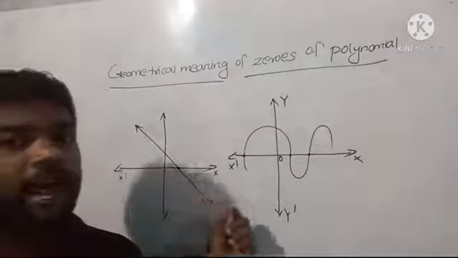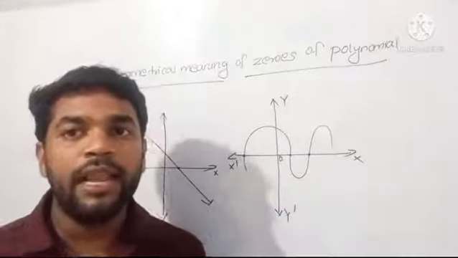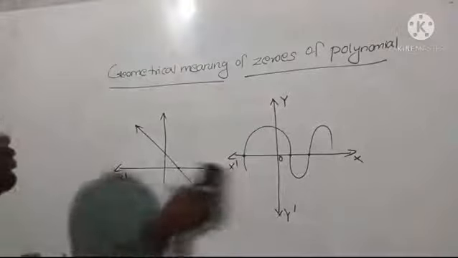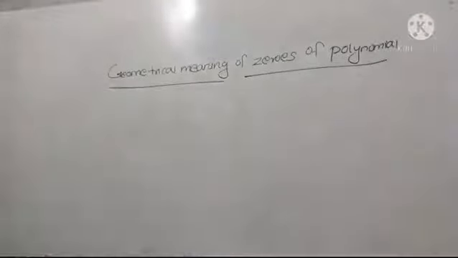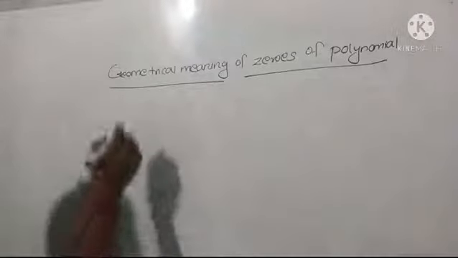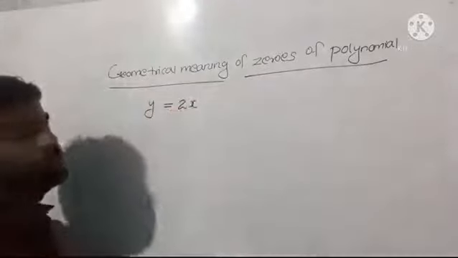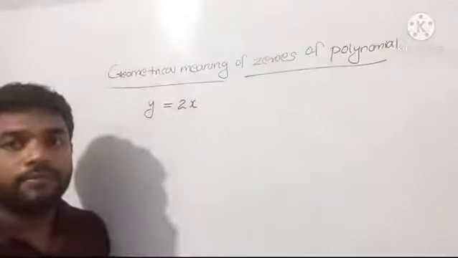And this can be understood by taking a linear polynomial and a quadratic polynomial. So suppose I am taking one linear polynomial, y equal to 2x. It is a linear polynomial.